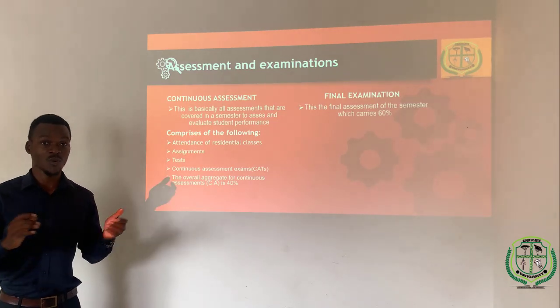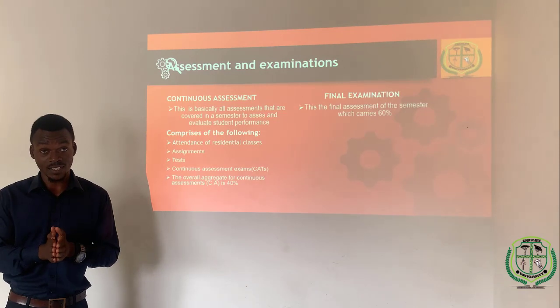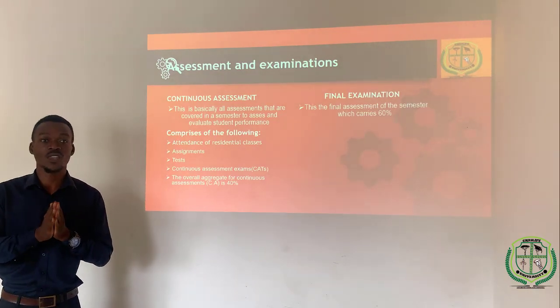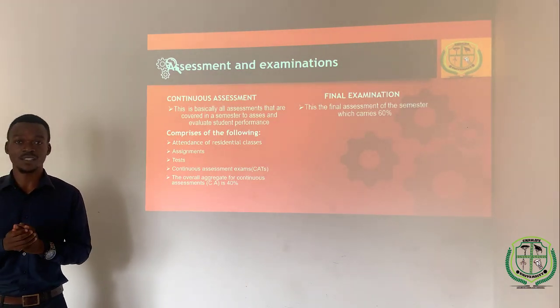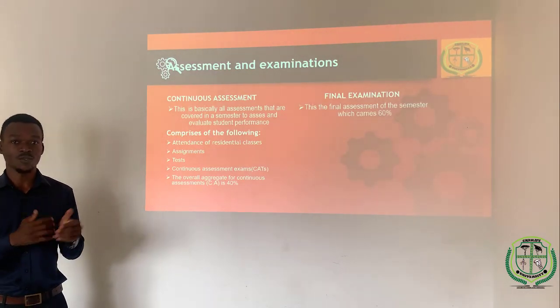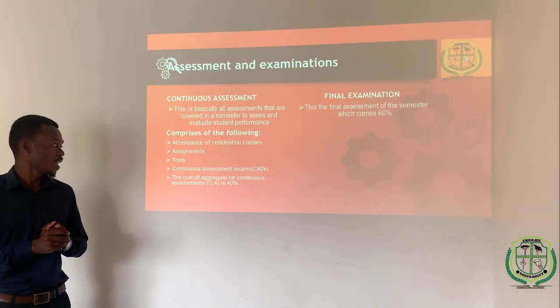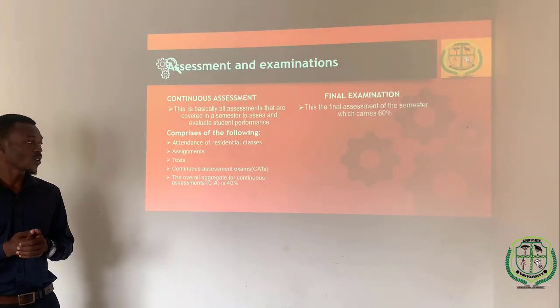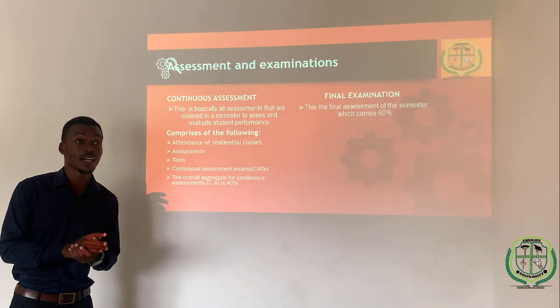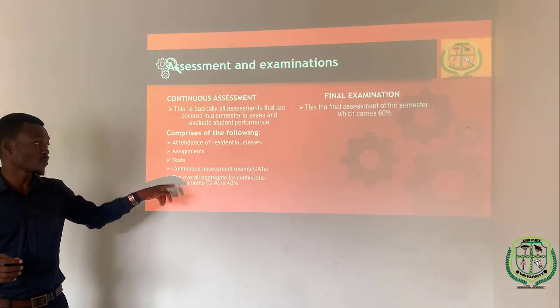So you'll be tested before you sit for the final exams so that the school can evaluate your performance, whether you understand the information contained in the courses you've been given. The overall aggregate for the continuous assessment is out of 40.